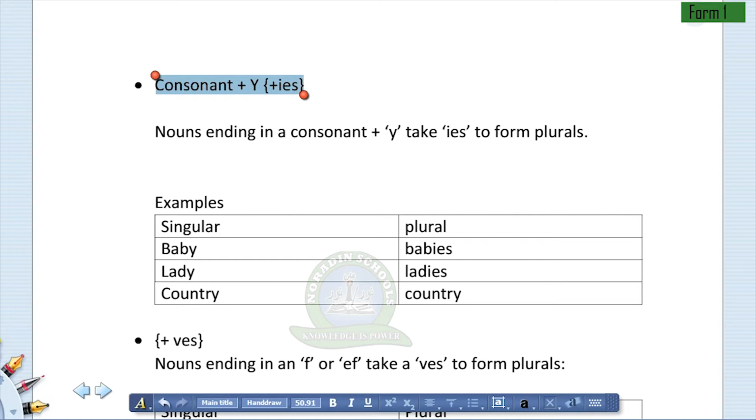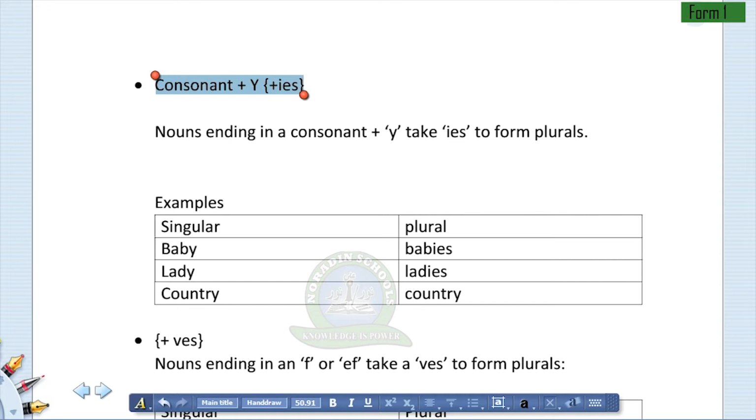Nouns with y preceded by a consonant usually take ies. If the noun ends in y and you have a consonant before the y, you change the y into i and you add es.